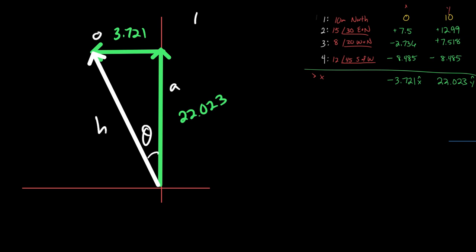Then I'm going to look at tangent of theta equals 3.721 divided by 22.023. So my theta, I got 9.6 degrees.